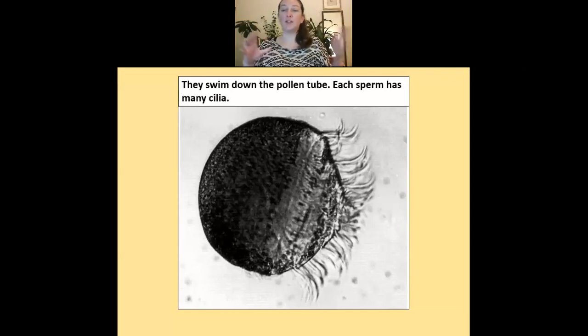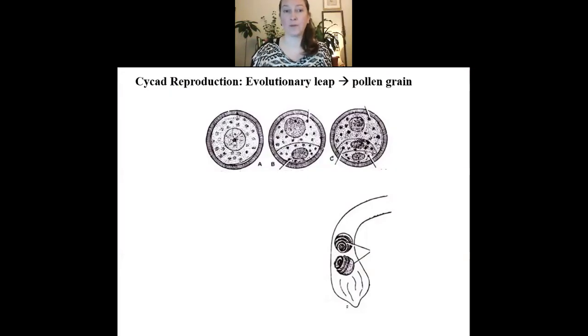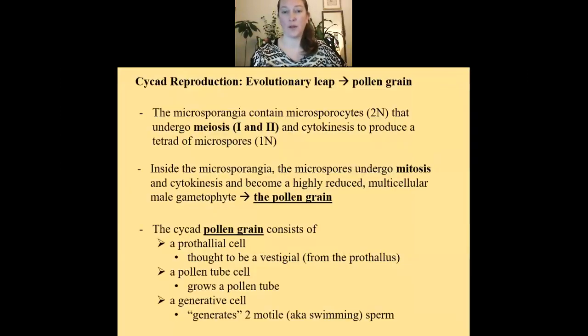So let's talk a bit more about how this all works, since this is a new concept. Let's go through this step by step in terms of the pollen grain. So here is a diagram, and we're going to go through it step by step. So first we have this microspore. This microspore would have been the result. Let's go back real quick.